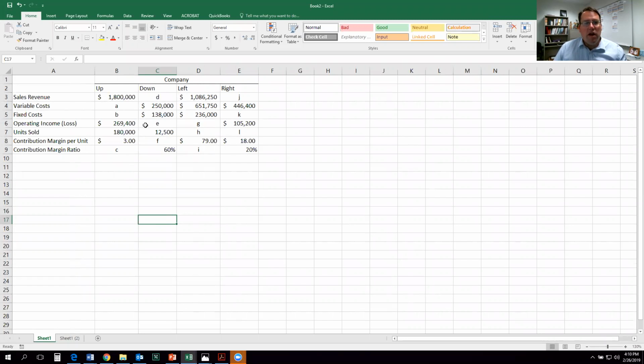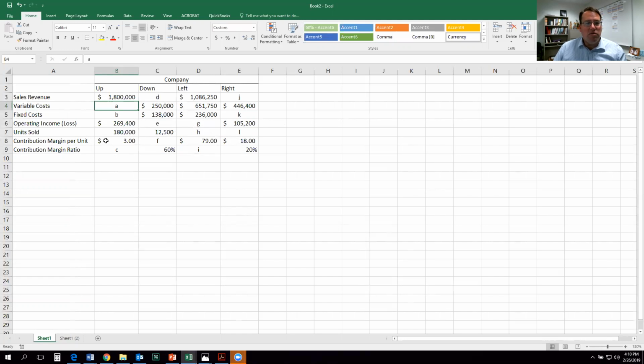So it's all about understanding the interrelationship between these numbers. Our basic interrelationship is that our sales revenue minus our variable costs gives us our contribution margin, which isn't showing on here. And then our contribution margin minus our fixed costs gives us our operating income. Our units sold, we can't calculate that by anything other than if we know our contribution margin per unit and our contribution margin.